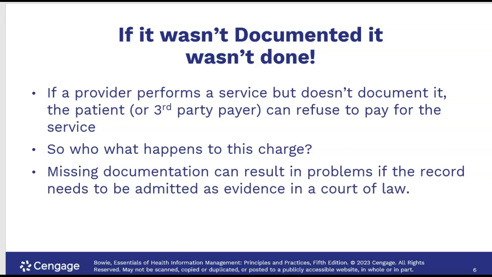We're not going to pay for manipulation. So at that point, if the insurance isn't paying it, should the patient be responsible for paying it if it wasn't documented? So who's going to have to pay for it? It's going to have to be the hospital itself. Missing documentation can also result in problems if the record needs to be admitted as evidence in a court of law.